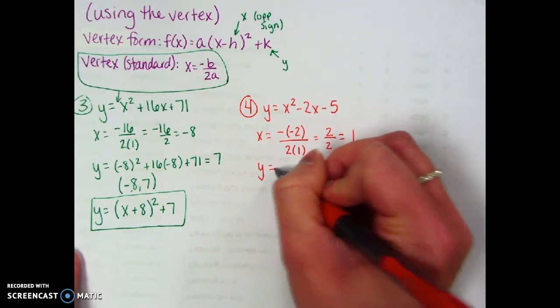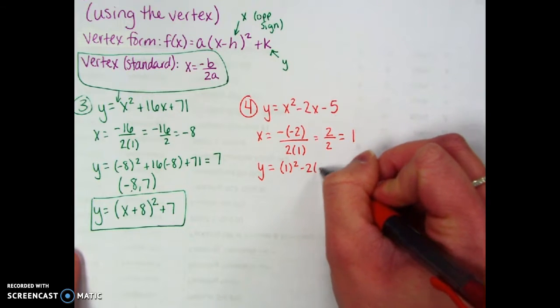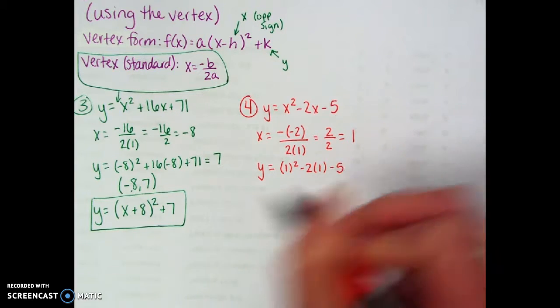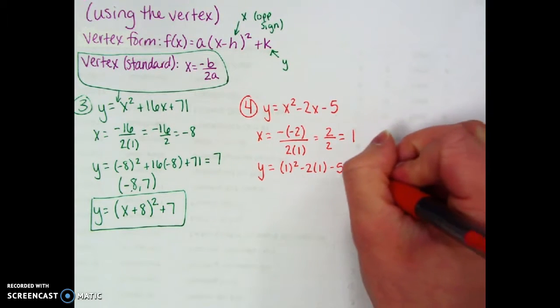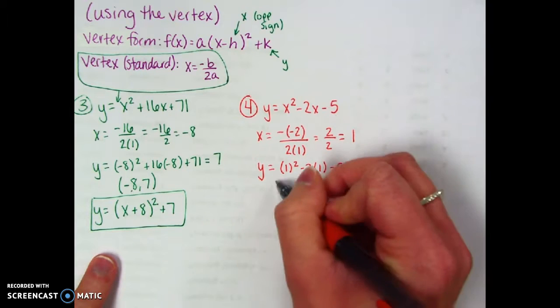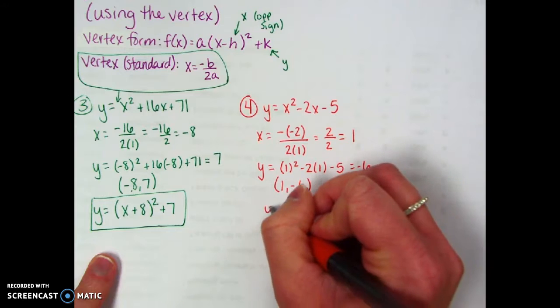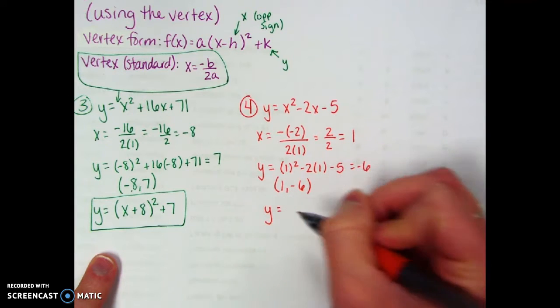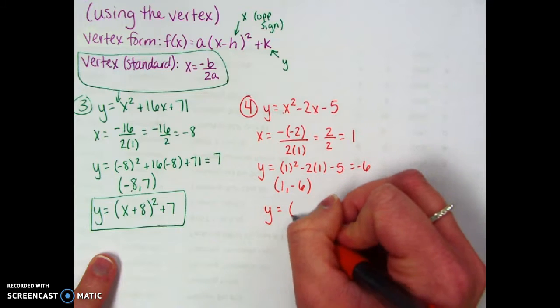Put it back into the equation. 1 squared minus 2 times 1 minus 5. I got negative 6 on that. So my vertex is 1, negative 6. Okay, a is still 1, so I don't need a number in front of the parentheses.